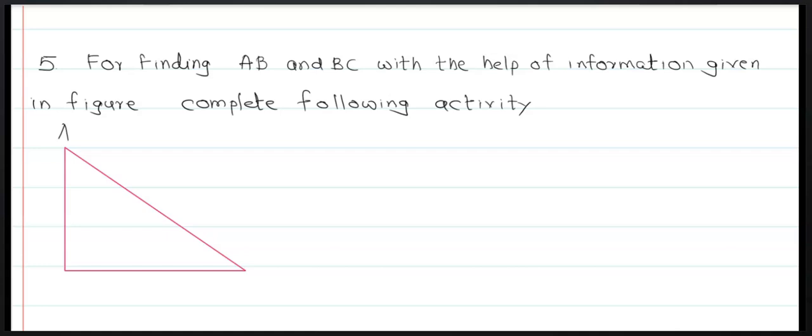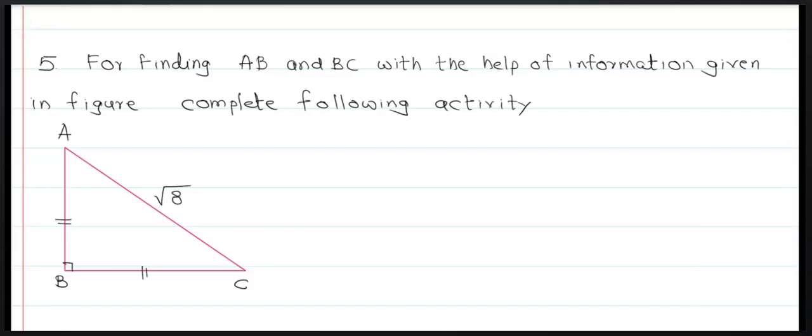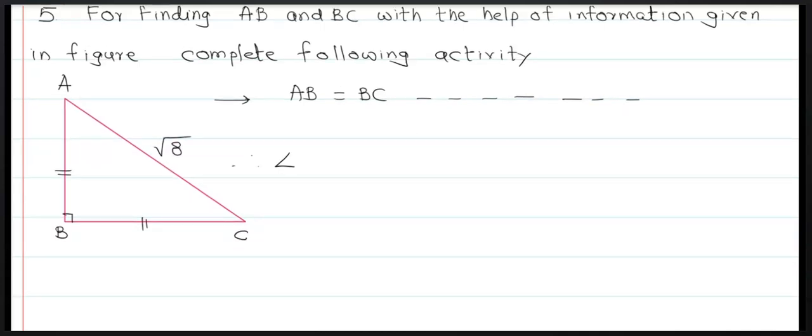Now this is triangle ABC. Measure of angle B is 90 degrees. AB and BC are the same, and the hypotenuse is root 8. AB is equal to BC, both are equal.